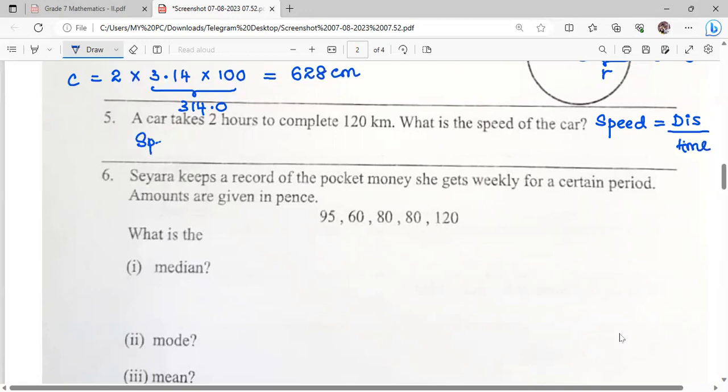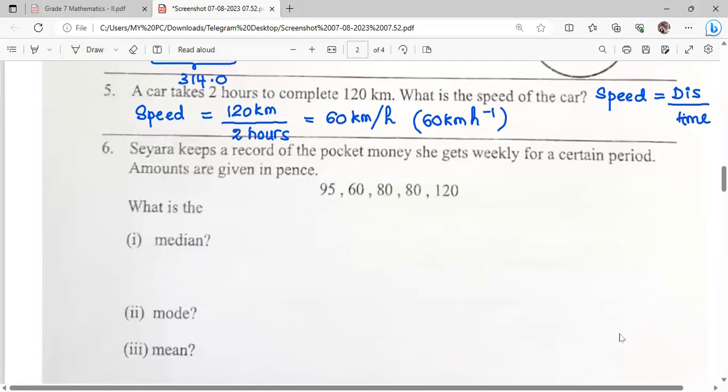To find the speed, you write the distance, 120 kilometers, and divide it by the time taken for the journey, 2 hours, right? So what is the answer? 60 kilometers per hour. Sometimes you may write the answer like this, 60 km/h, correct. Both methods are correct.